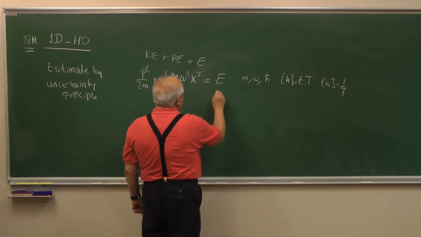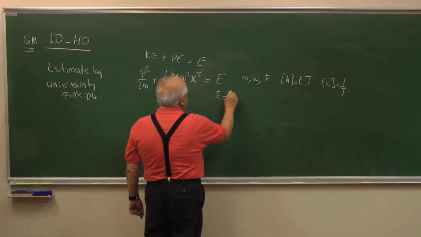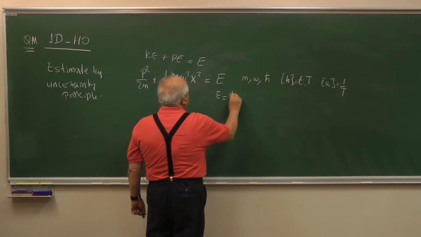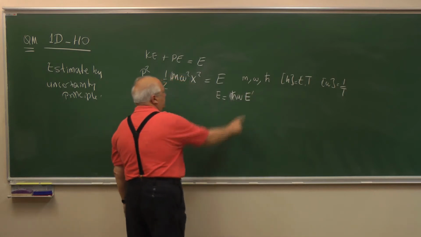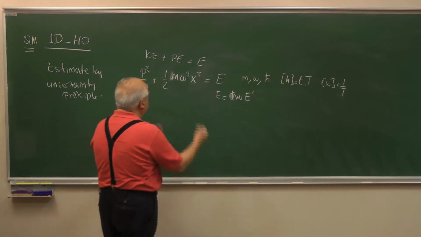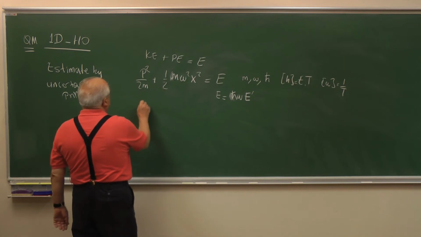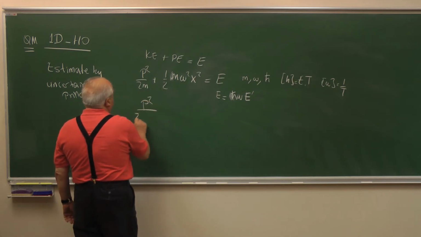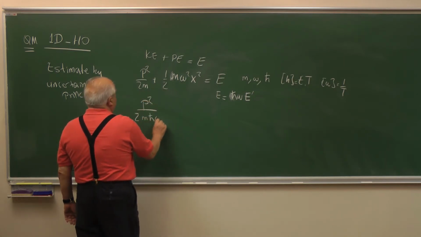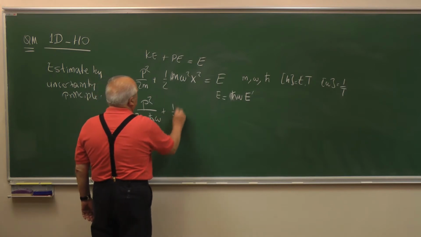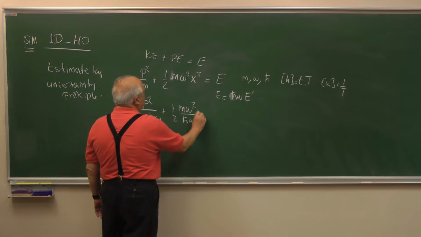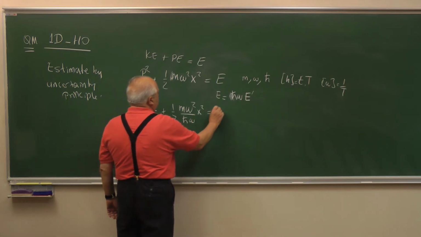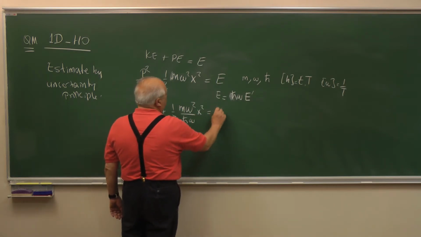So let's write energy in units of h bar omega, E prime, and this is the dimensionless energy. We divide by h bar omega: p squared over 2m h bar omega plus 1/2 m omega squared x squared over h bar omega is equal to E prime.